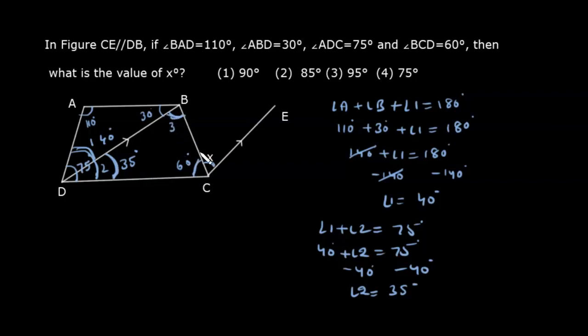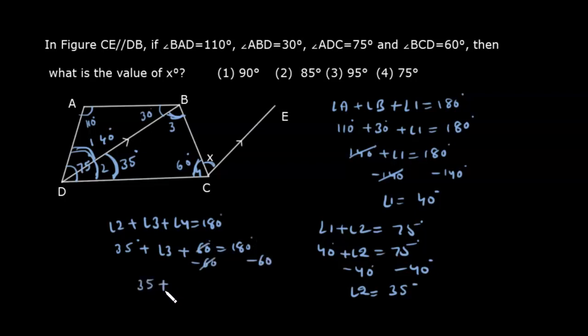So very easily we can find this angle. Let's name this angle as 3 and this angle as 4. So angle 2 plus 3 plus 4 is also equal to 180 degrees. This is 35 degrees, angle 3 we need to find, and this is 60 degrees. We can subtract 60 from both sides, and again subtract 35 degrees from both sides.